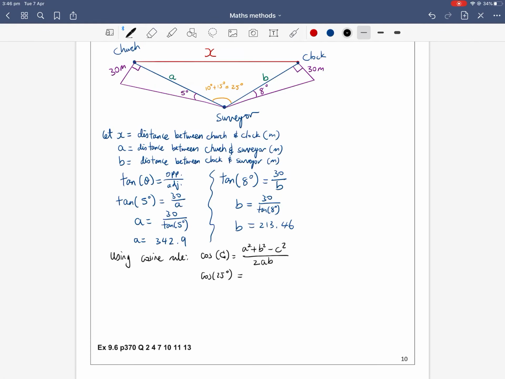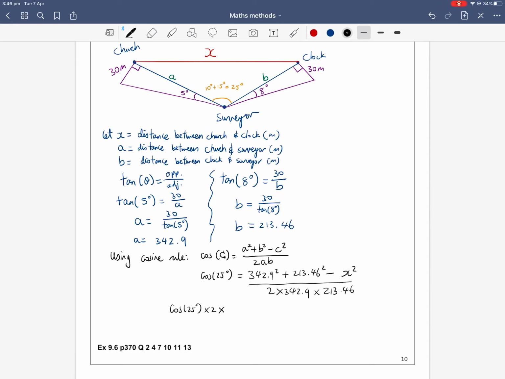If orange 25 degrees is my C angle, then my other two sides are the sides which I'm squishing the angle between, which is A and B. So that's 342.9 squared plus 213.46 squared minus x squared, because that's the side I'm trying to work out, divided by 2 lots of 342.9 times 213.46. This is all just calculator work now.